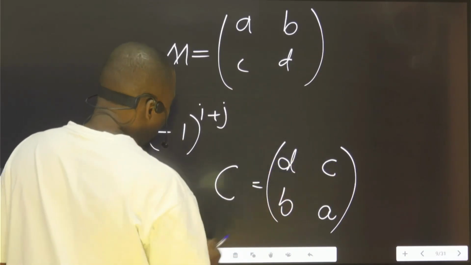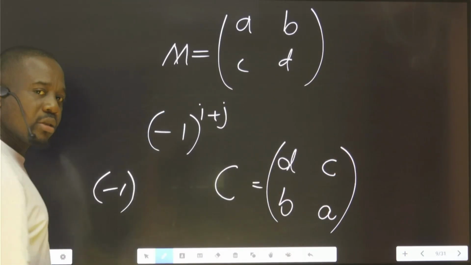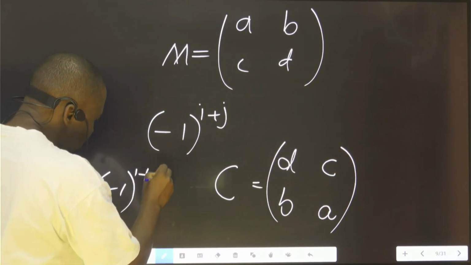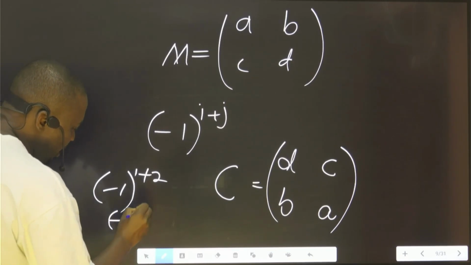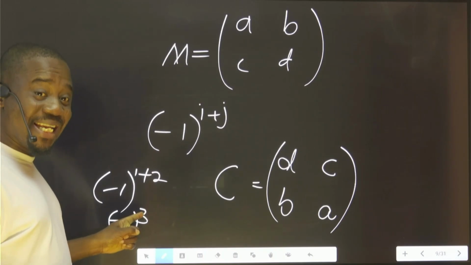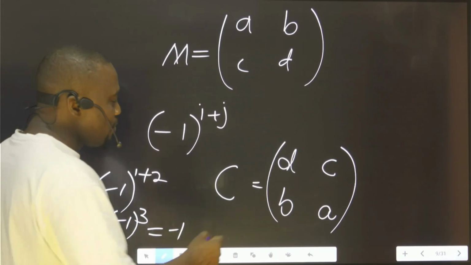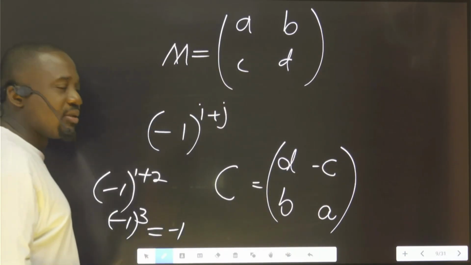For this C, first row, second column. That is raised to power 3. And you agree with me, when it is odd like this, at the end of the day we're going to have negative 1. It means this is minus 1.